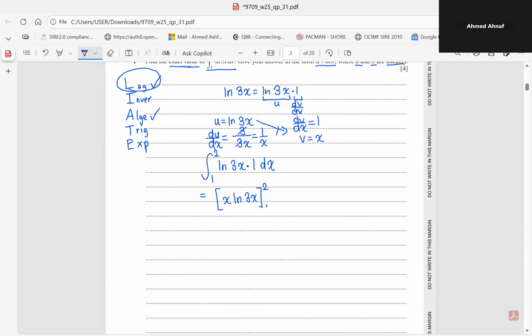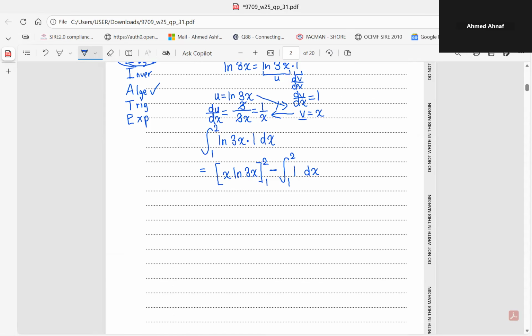So 2 and 1 will be here, and we'll substitute them later. Then you minus the integral of v times du/dx. In this case, it's x times 1 over x, which is just 1 dx. Again, don't forget your limits. So this is our final expression, and we're going to evaluate it.